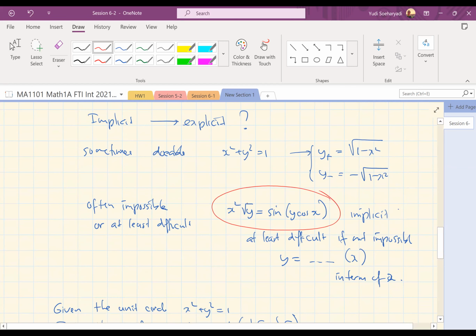In general, this is a graph of, say, just a graph. Okay. So if it is a graph, then it makes sense to find a tangent line. But in finding a tangent line, you need the function explicitly. So how should we do this if we cannot find the explicit expressions?